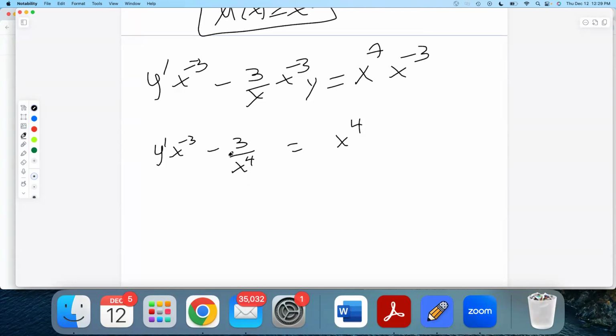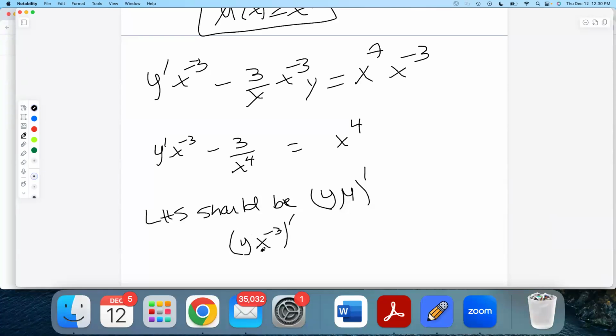Now, if I've done this correctly, then the left-hand side should be the product rule derivative of y times the integrating factor. Let's check. So that would be y times x to the negative 3 derivative.